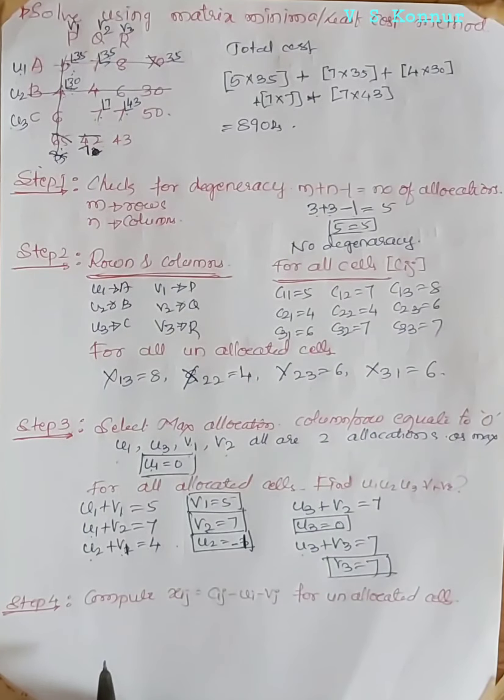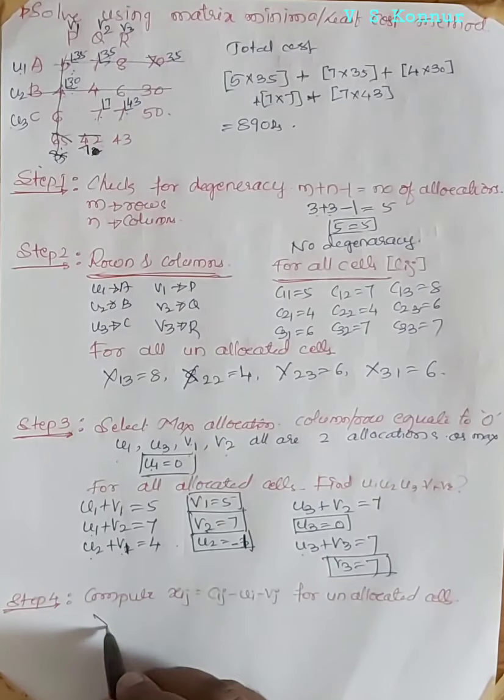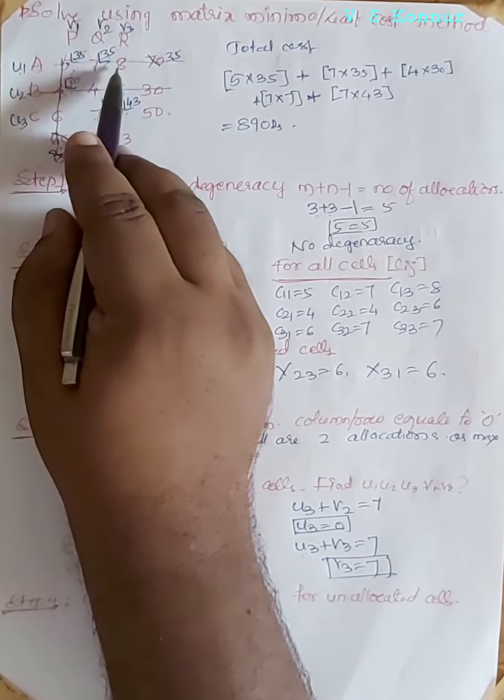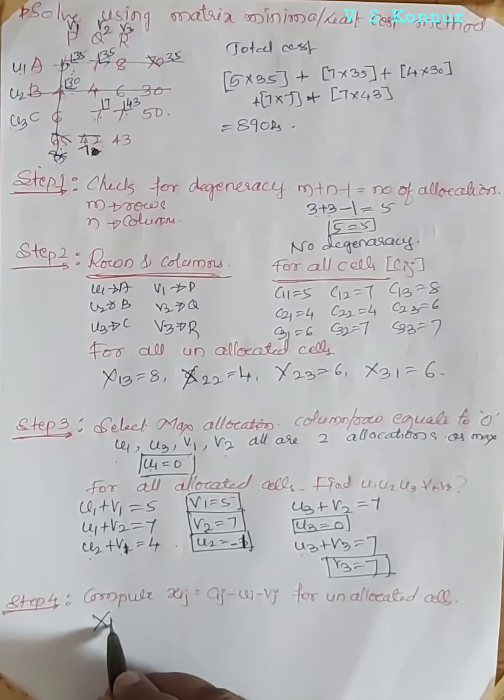Now for all unallocated cells, it is indicated by Xij. So first unallocated cell is X13.